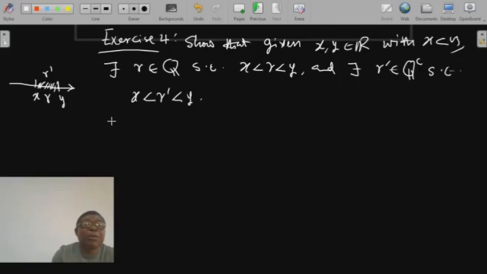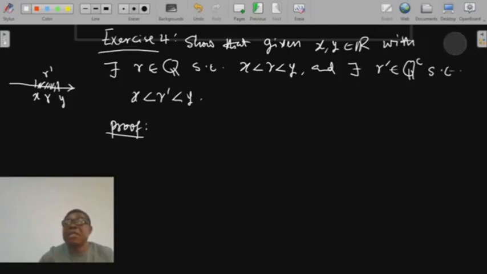We now proceed as follows. We start by assuming, we shall first assume, that x is bigger than 0. So, proof.